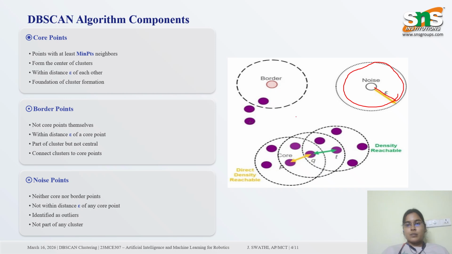Once I fit the core point, I choose a radius and draw a circle around it, so it forms a grouping. Border points are not core points themselves, but they should be within your border line. Noise points are neither border points nor core points. They identify the outliers, so they are outside your boundary and not part of any cluster.